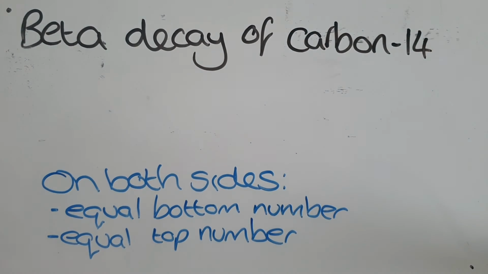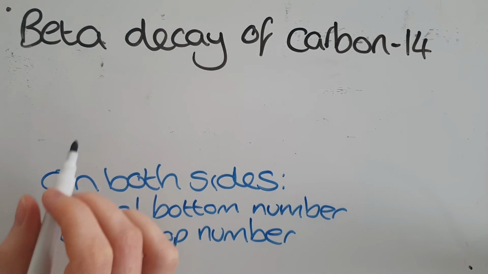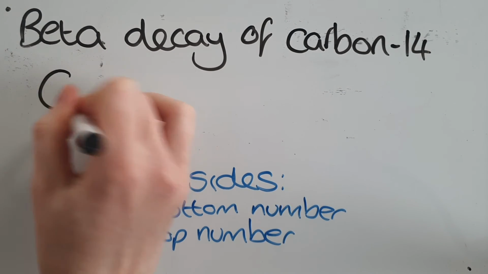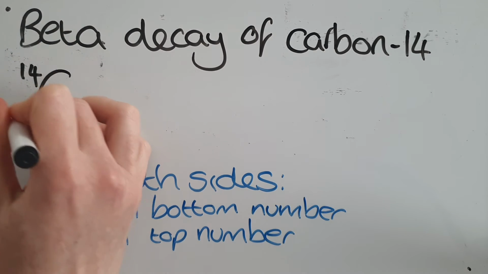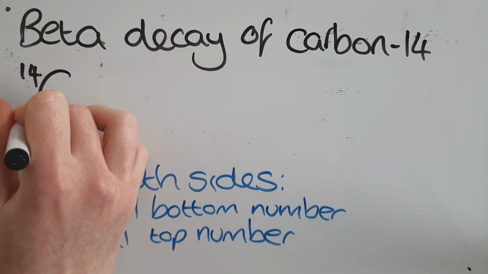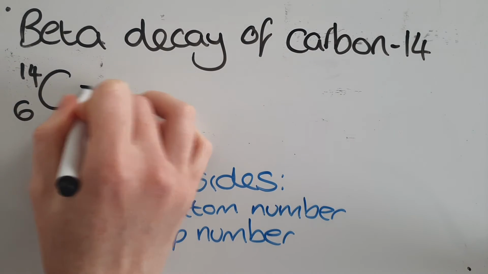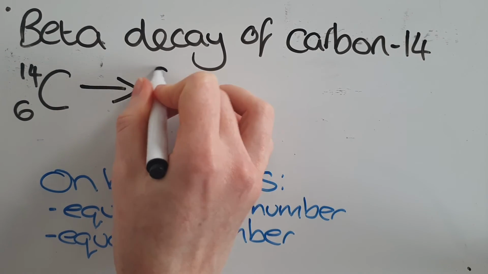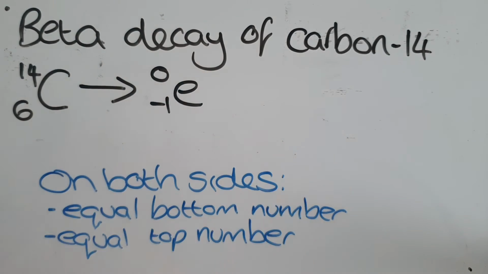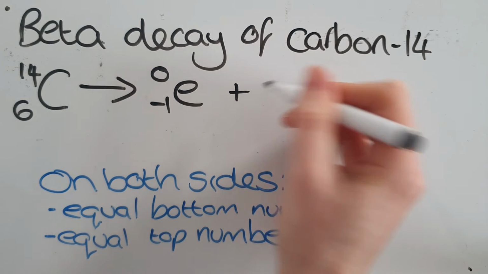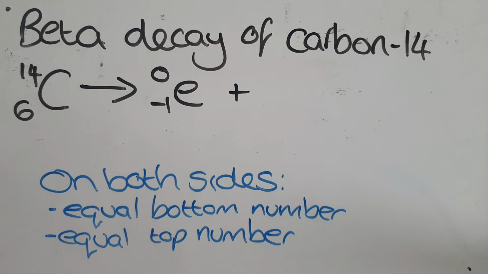Exact same rules, but you've got a different symbol now. So carbon 14 is capital C, 14 up the top, and the atomic number is 6. Beta decay, I've got a 0 minus 1e and the missing value. So you have your bottom numbers, 6 on the left, -1 on the right.